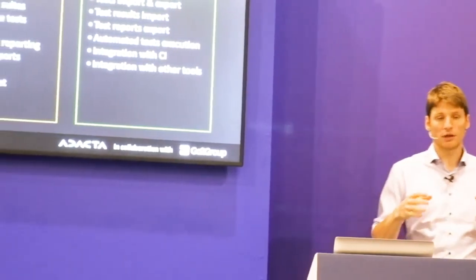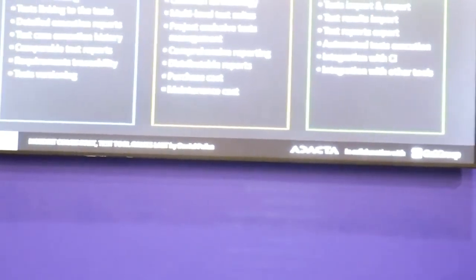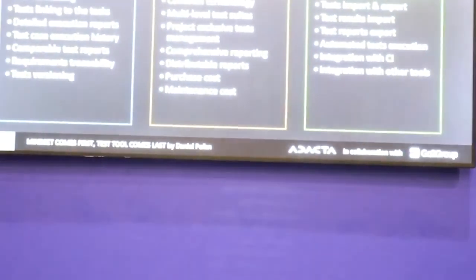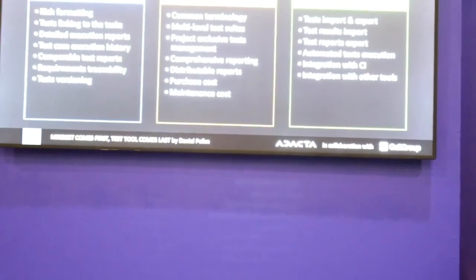Requirements traceability was one of those. We really want to have comparable test reports, for example. So in CI you get plenty of tests, and of course your CI tool sometimes supports the changes in the tests, but in the long term we wanted to have it visualized also for other, non-technical roles. So we said, okay, we want to compare test runs between each other, so we can see, for example, between two different releases, how the quality was, etc.